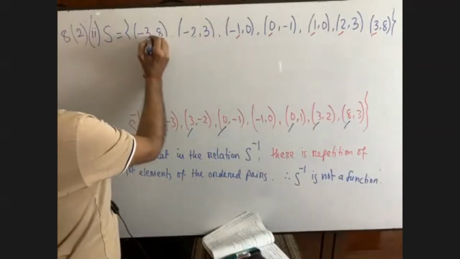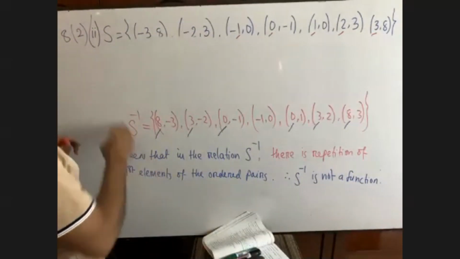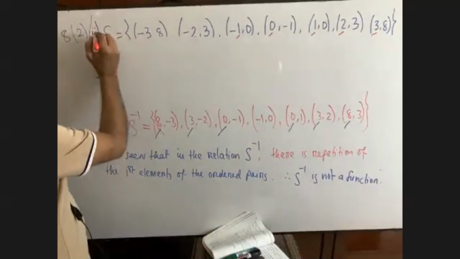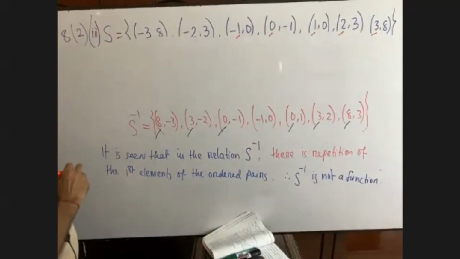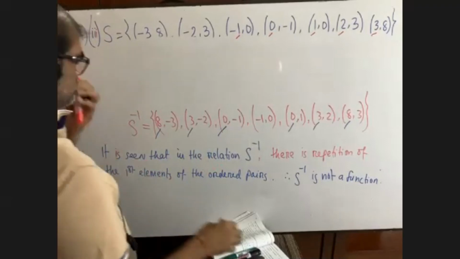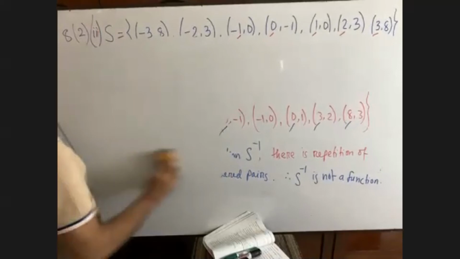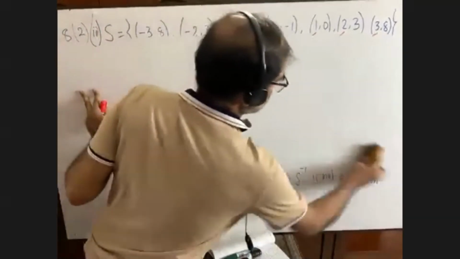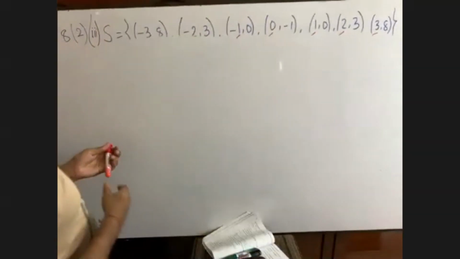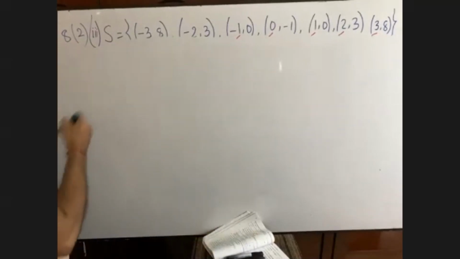For now you see question number 3. Now question number 3. You have to find whether it is a one-one relation or not. So what will you do? One-one relation. You see what I am going to do.